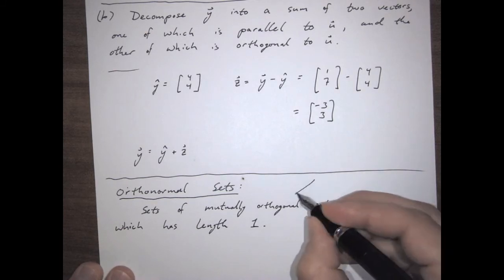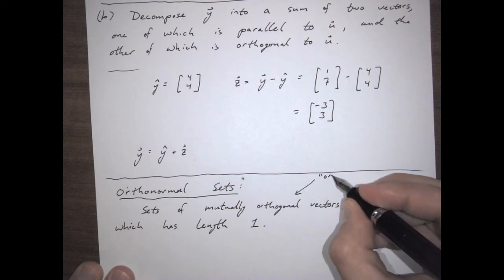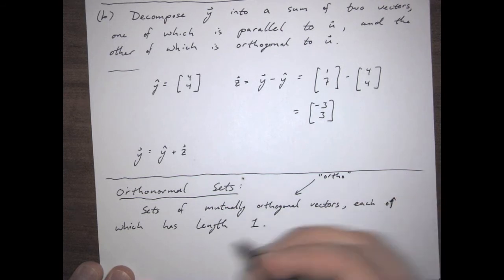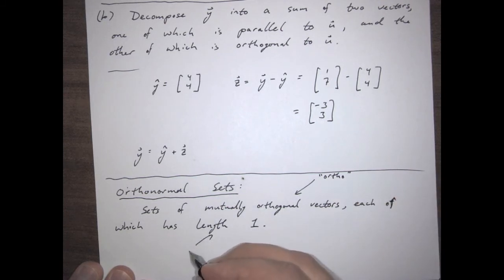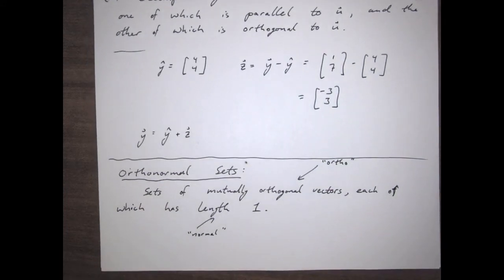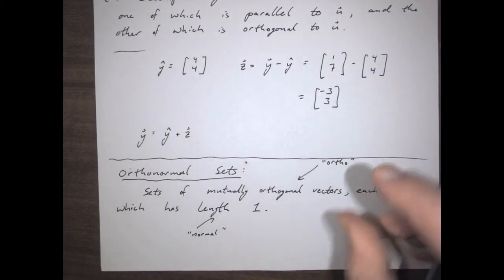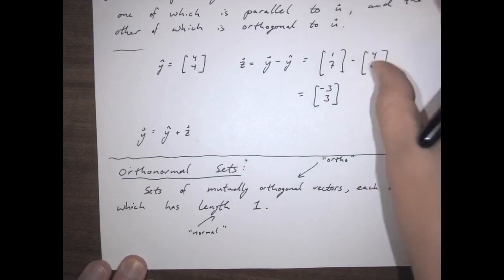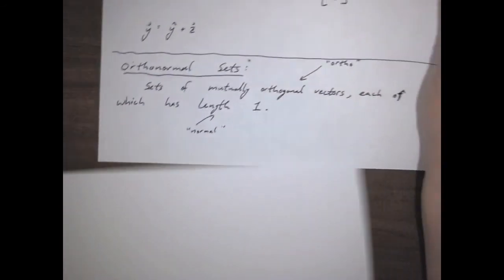So this is the ortho part of it, and this is the normal part of it. So ortho meaning the orthogonal, and normal meaning it's all normalized to make length 1.